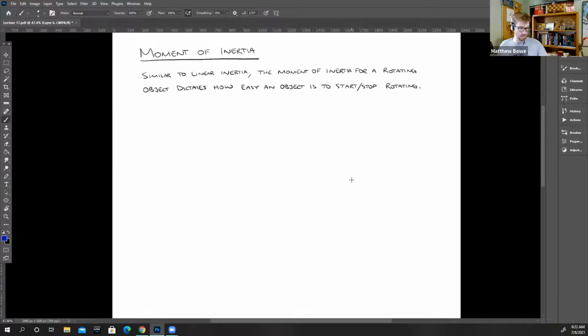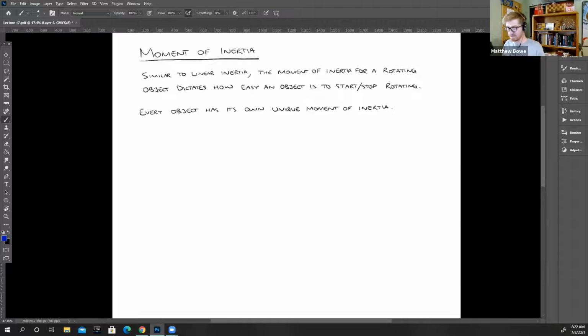I have a book. I think you get the point. There are many different ways I can spin the same object. So there needs to be this classification of an object's inertia. That's why we get the moment of inertia.